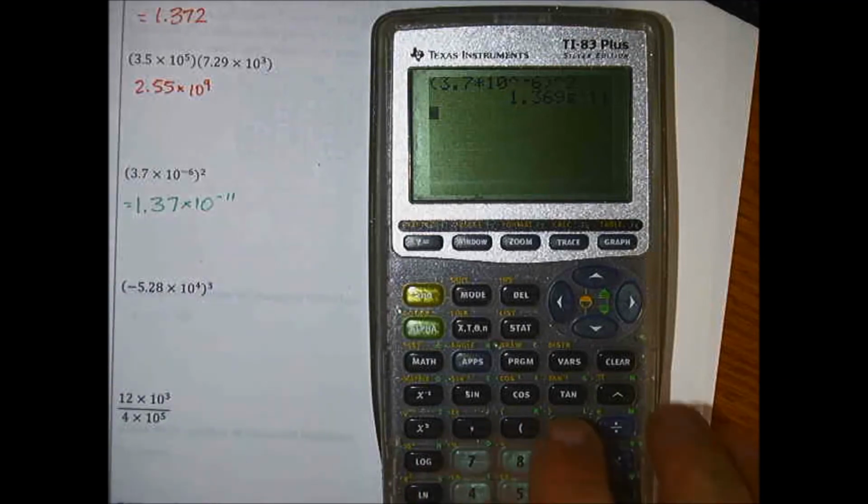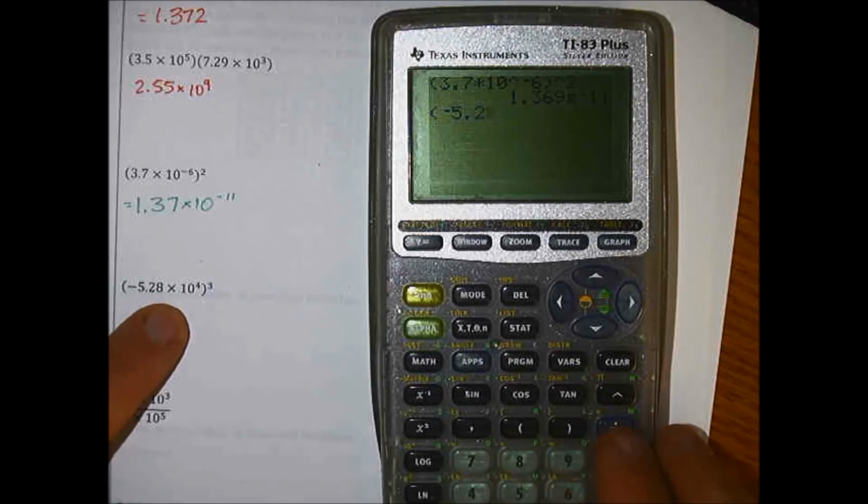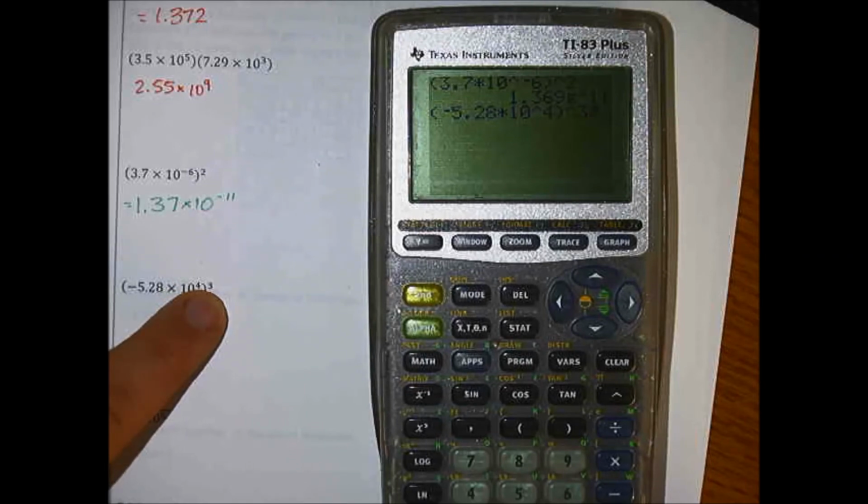Do the next one. It's raising it to the 3rd power. So negative 5.28 times 10 to the 4th. Raise it to the 3rd. So the 4 and the 3, remember we're multiplying those exponents. So we should have at least the 12th power.